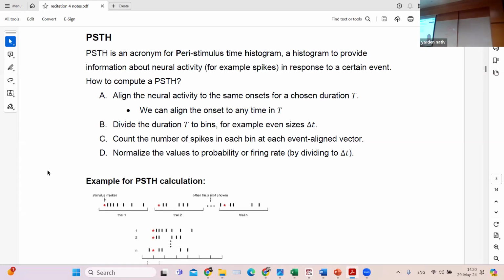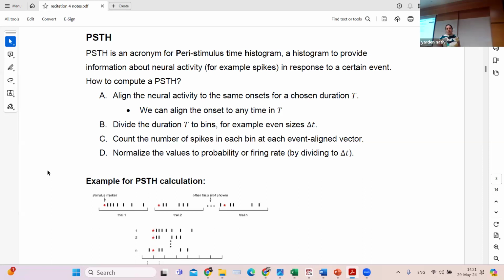Okay, so PSTH is an acronym for peristimulus time histogram, and I also call it average across trials. Okay, because this is what it is. It's very, very simple.